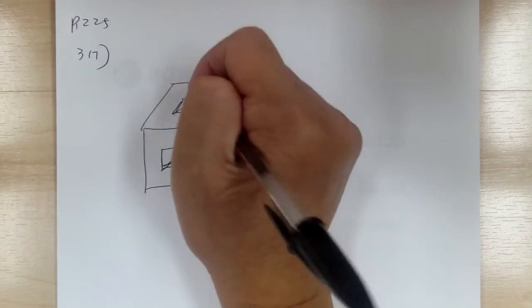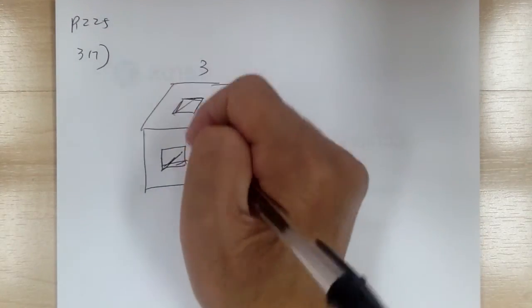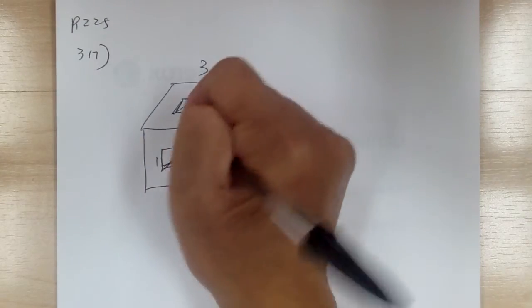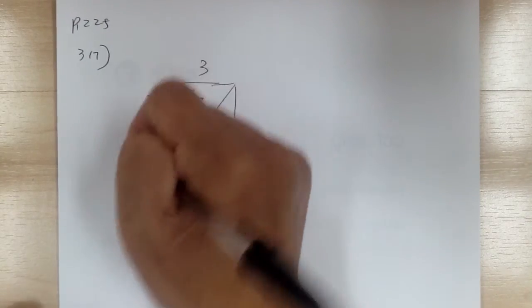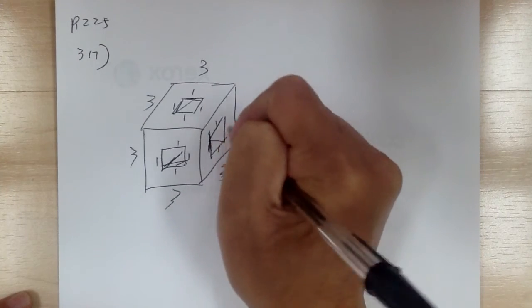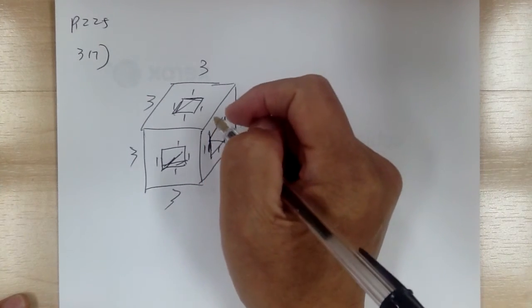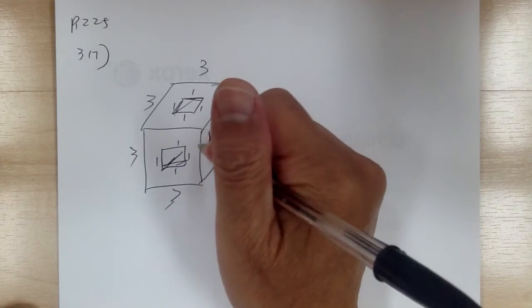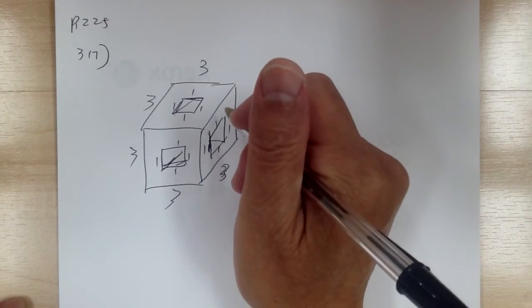Each one has a length of 3, and the inside has a length of 1. So you can write it down, it helps you to visualize. And you're looking for the surface area, including the inside.